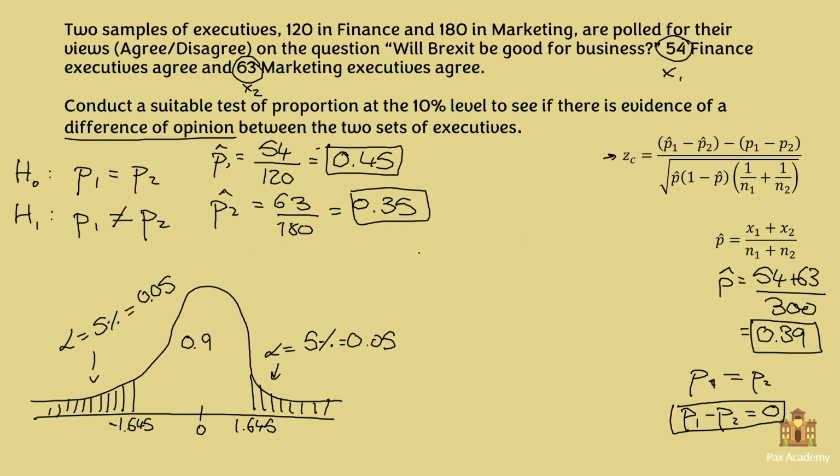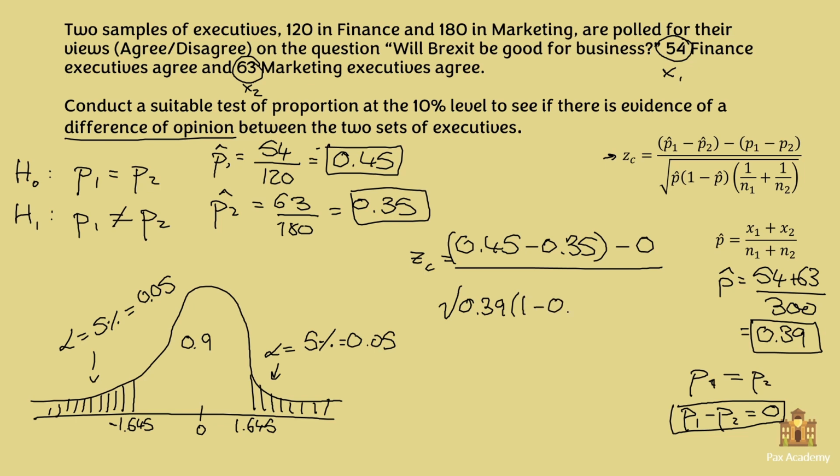So now we just plug in the values. So the Z value is P1 hat minus P2 hat, so 0.45 minus 0.35, minus P1 minus P2, which we know is 0, so minus 0, over the square root of the total sample proportion, 0.39, times 1 minus P hat, so 1 minus 0.39, times 1 over n1, which we said n1 is 120, plus 1 over n2, which is 1 over 180, and square root of the whole thing.